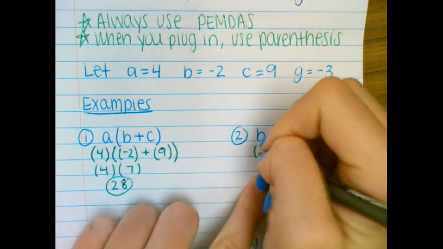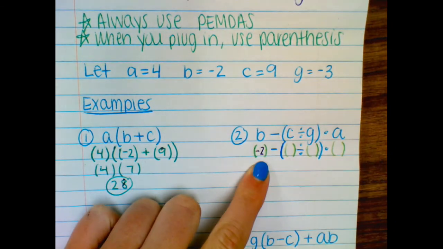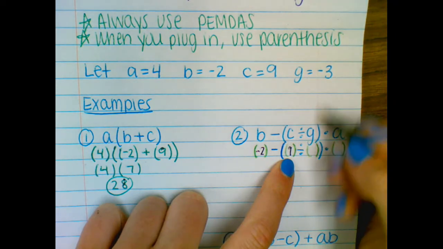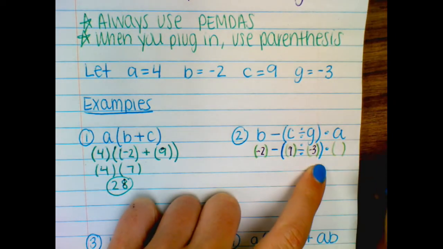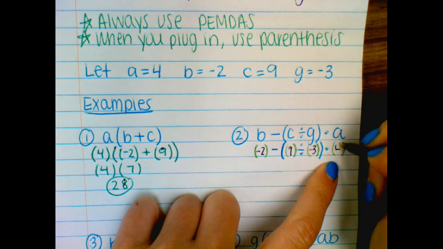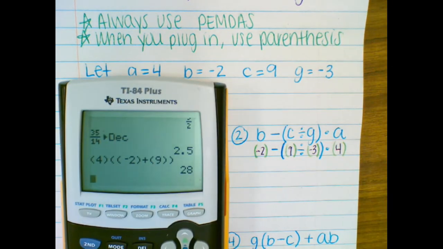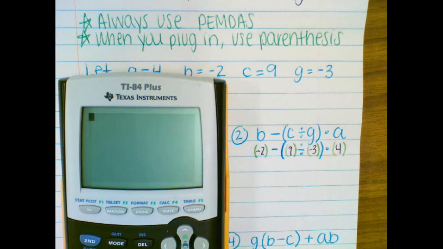So B is -2. So I'll put -2. C is 9. G is -3. And A is 4. So now I have a clear thing of what to type in my calculator. So parenthesis, -2, close parenthesis, minus.